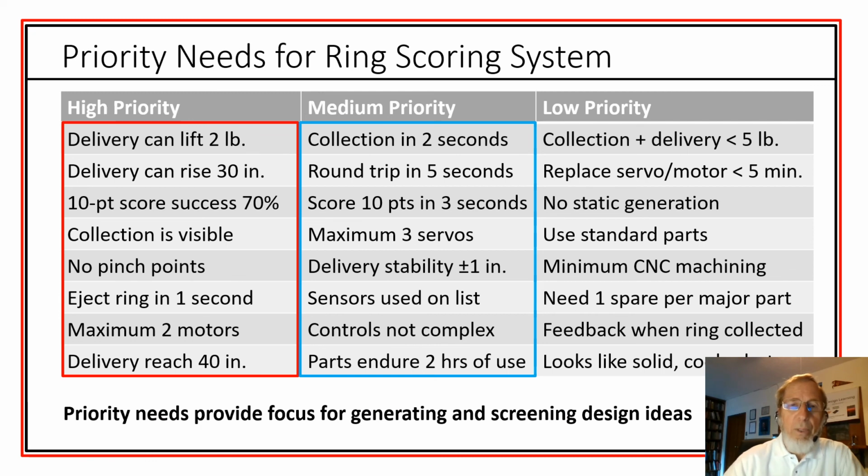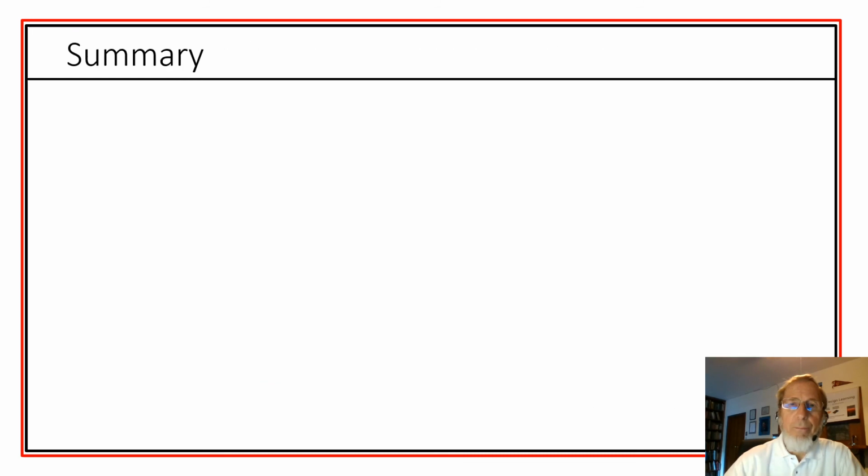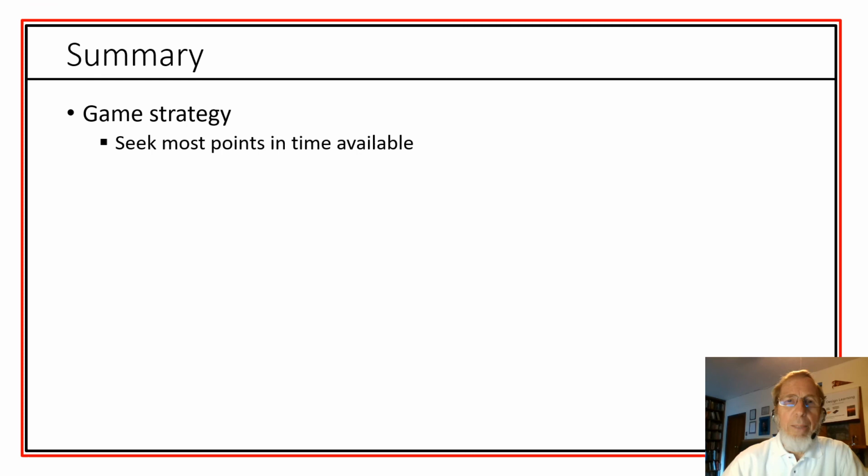Notice that these priority needs will provide focus for us. We can't look at all these needs at one time, so we give our greatest attention to the higher priority needs and then move down correspondingly. So in summary, we have a game strategy. We need a strategy that's going to give us the most points in the time available.